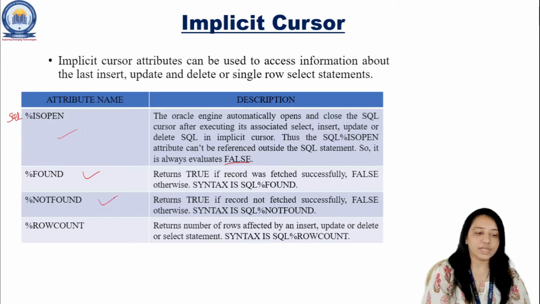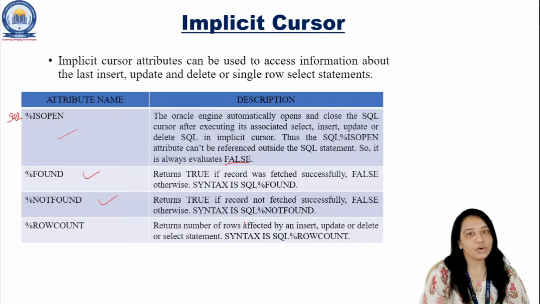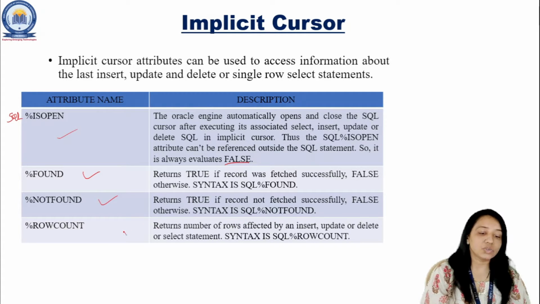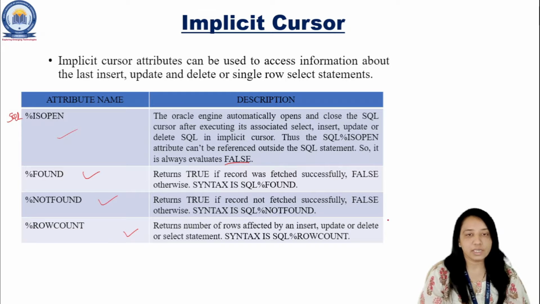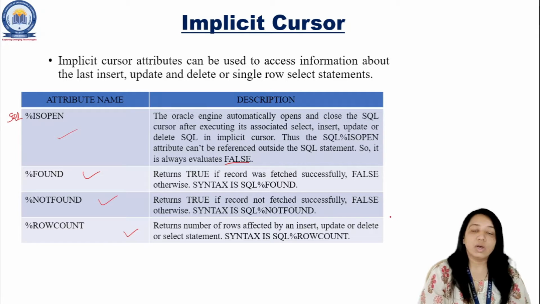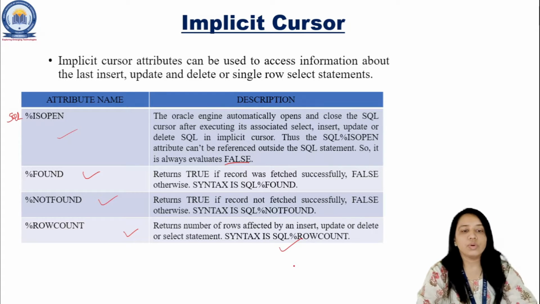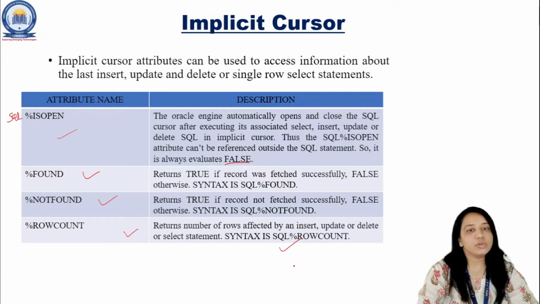In a reverse way it works for %NOTFOUND, and %ROWCOUNT returns the number of rows affected by an insert, update, delete, or select statement, which you can check with SQL%ROWCOUNT.